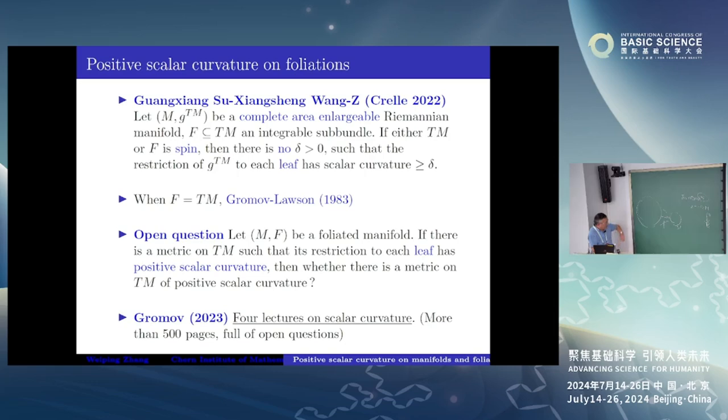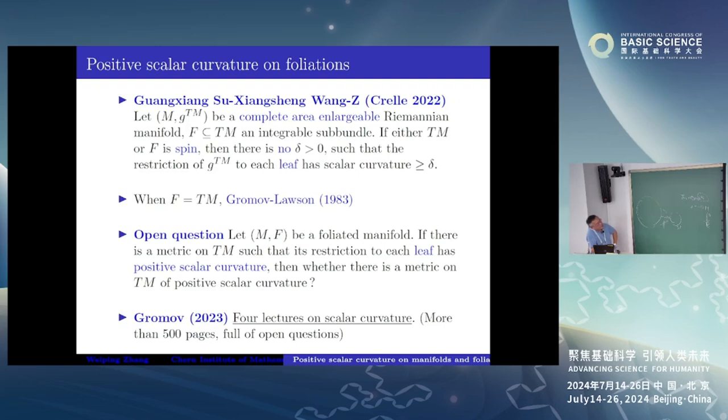And finally, let me mention that there is a natural open question in foliation theory. If you have a foliated manifold, and there is a metric on the tangent bundle such that the restriction to each leaf has positive scalar curvature, the question is whether there is a metric on the total manifold that has positive scalar curvature.